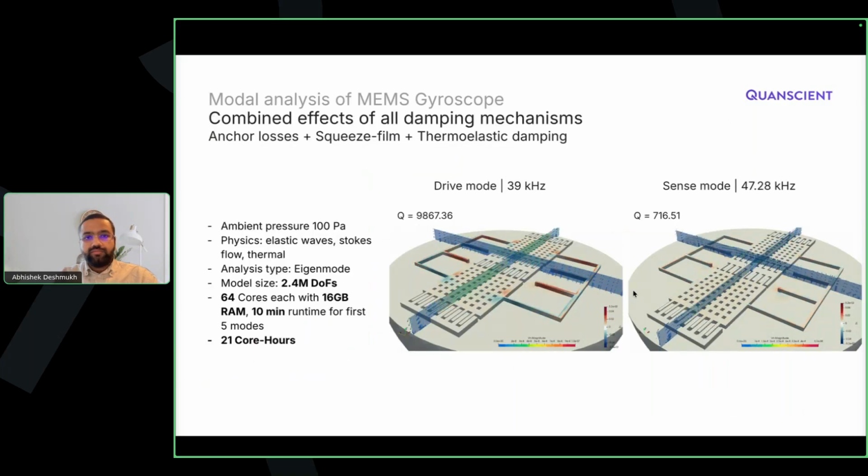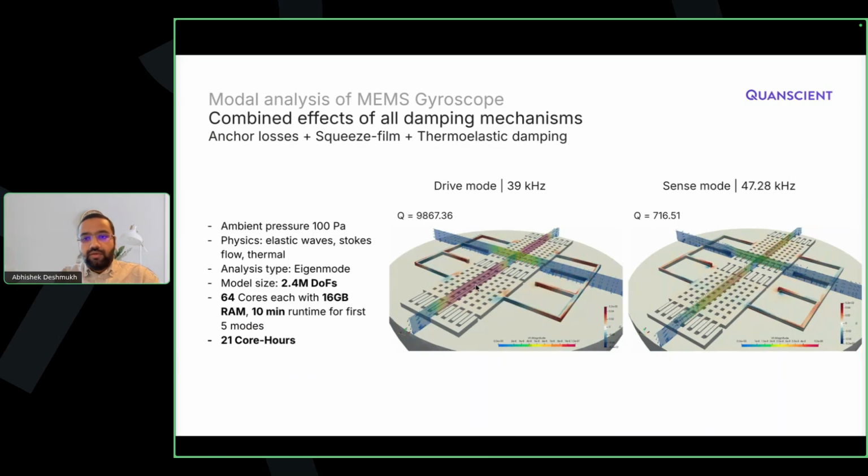Now, in the real world, these three damping mechanisms cannot be isolated, so they coexist together. And what happens if we want to study the impact of these three together? So this is exactly what I did here, included all three damping mechanisms, trying to calculate the quality factor and the frequencies with these mechanisms.